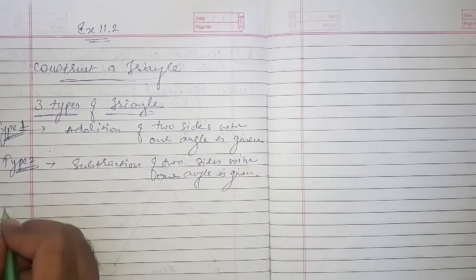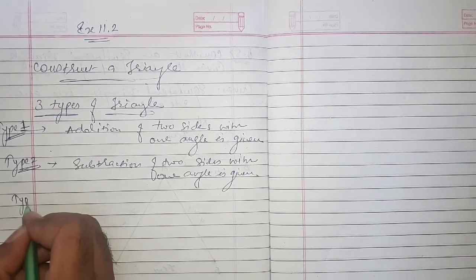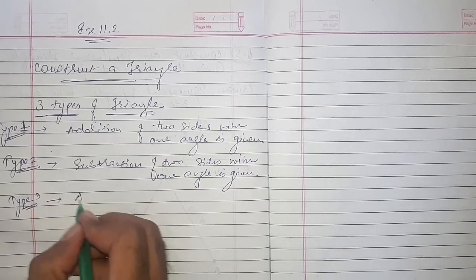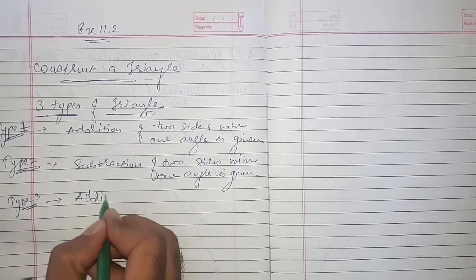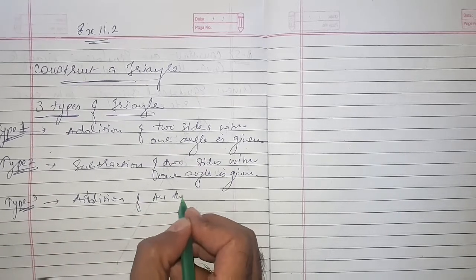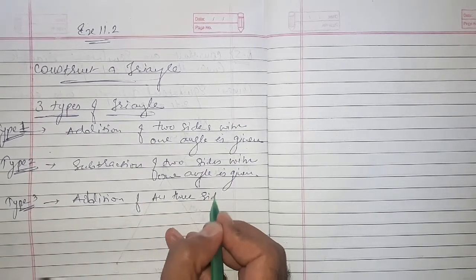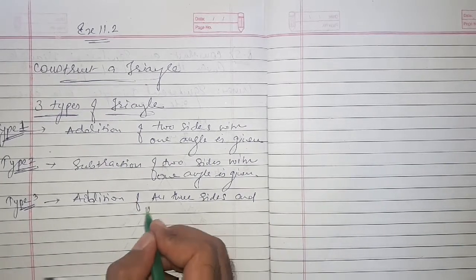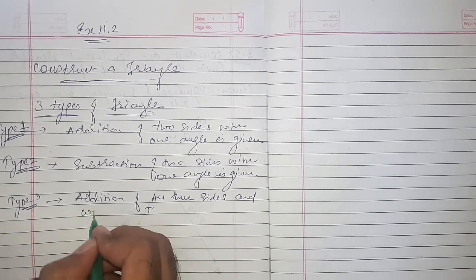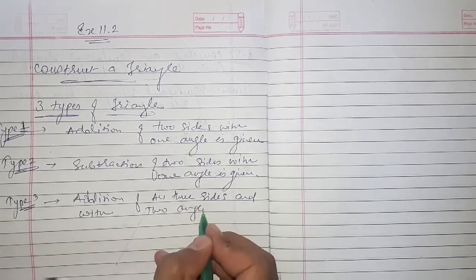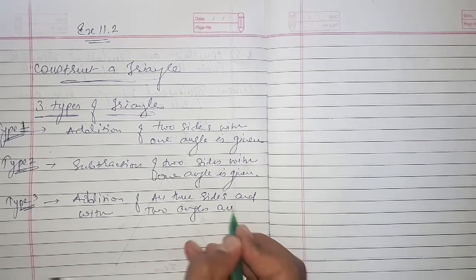Okay, and in type 3, the sum of all three sides with two angles is given.